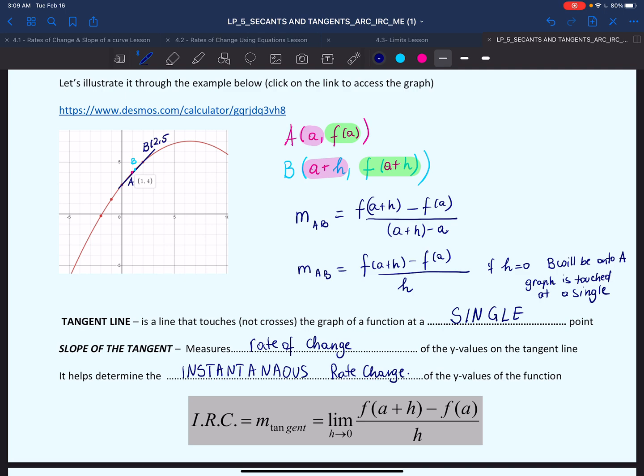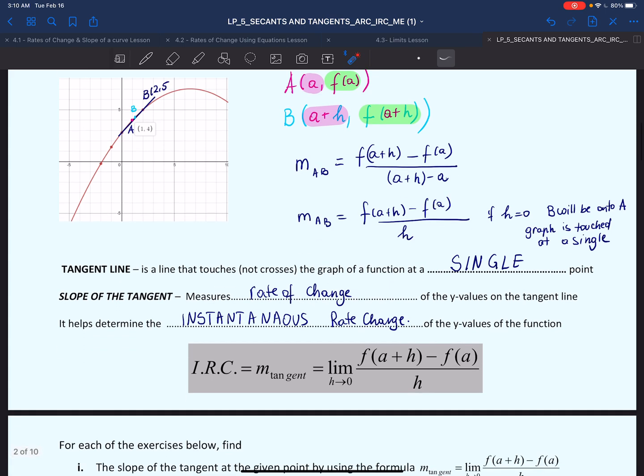Now remember that to find the value of such function, f of a plus h minus f of a over h, if h becomes 0, it's impossible because division by 0 makes no sense. So instead of finding the value of the function, we say that we're finding the limit of the function as h approaches 0.